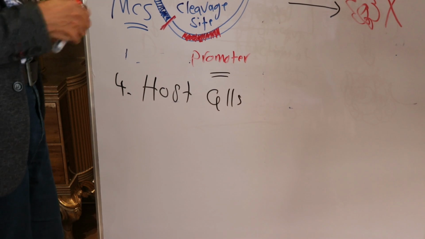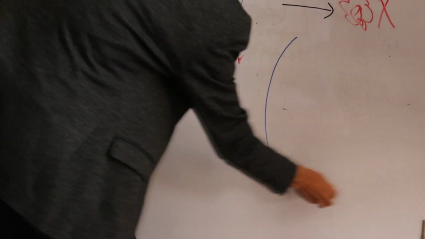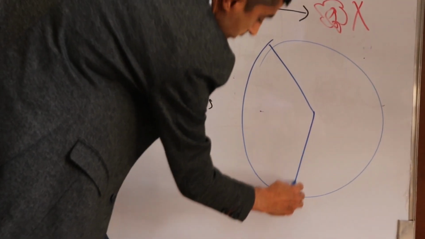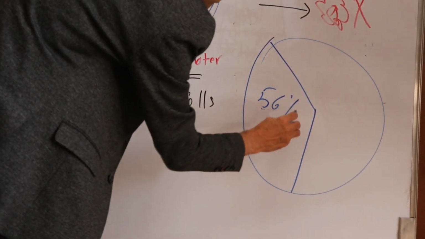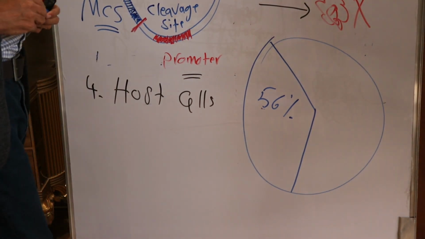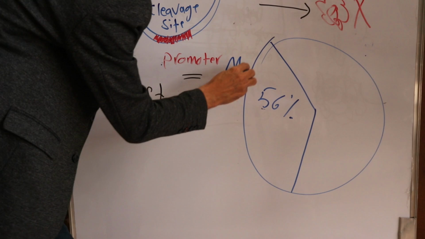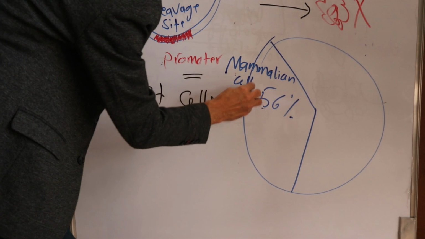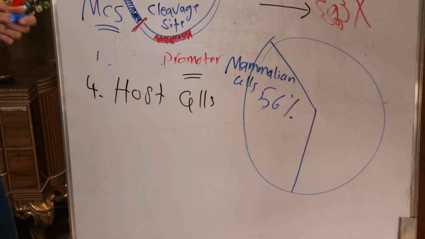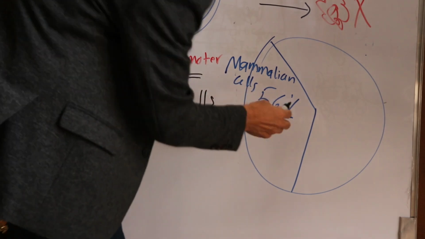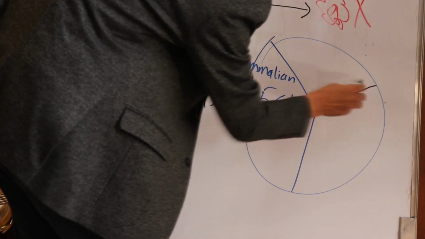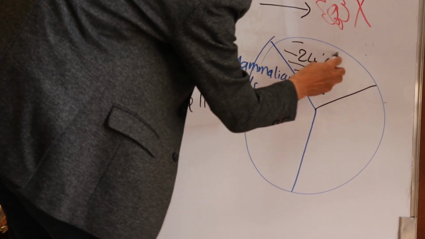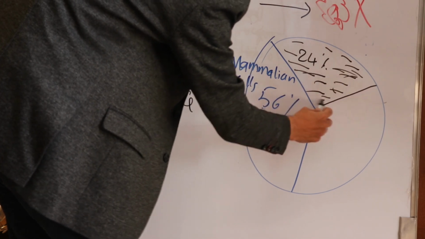In general, based on research, around 56% use mammalian cells for cloning. The second, 24%, use E. coli cells, bacterial cells.